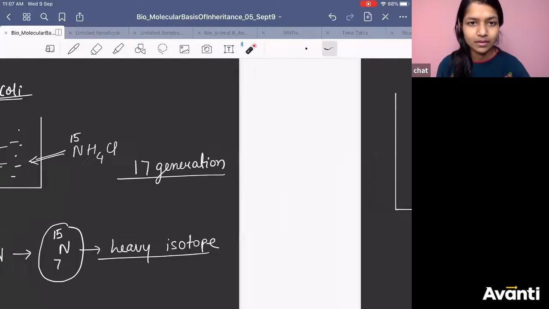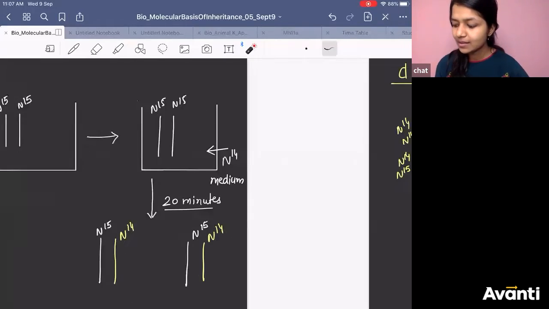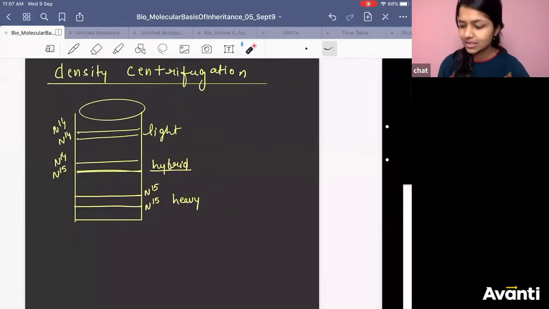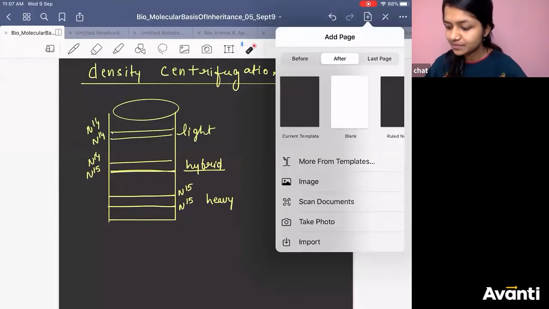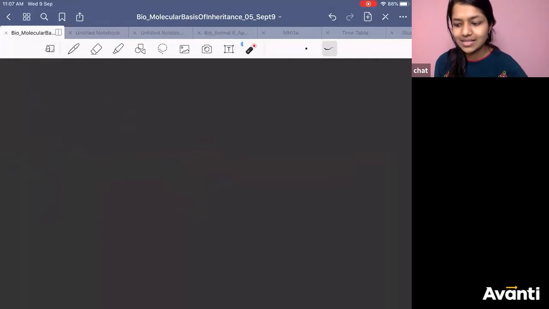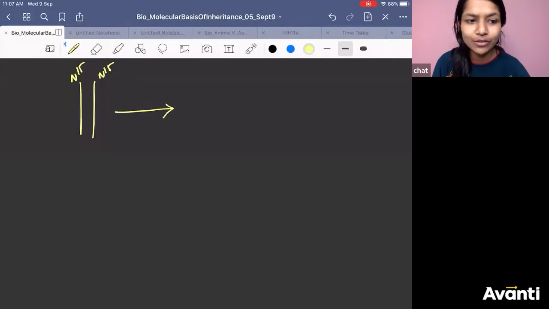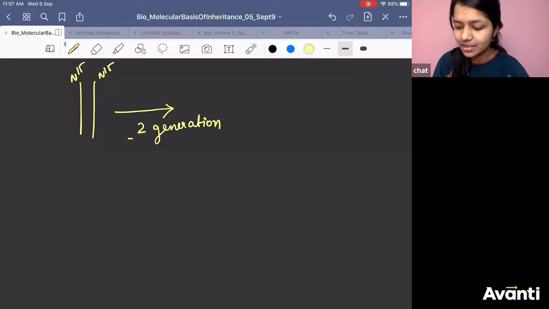Any doubt in the experiment? If there is no doubt, I will give you a question and you can answer it. The question is this: the N15 E. coli, I am letting it grow for 2 generations in N14 medium.